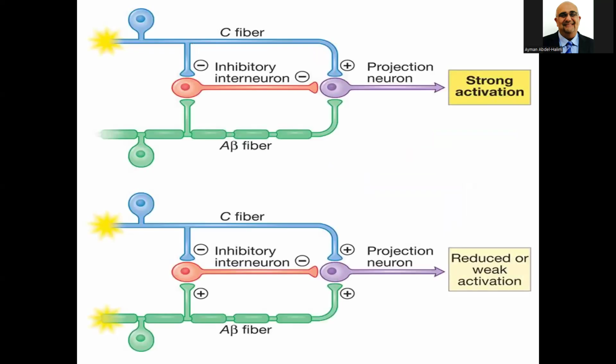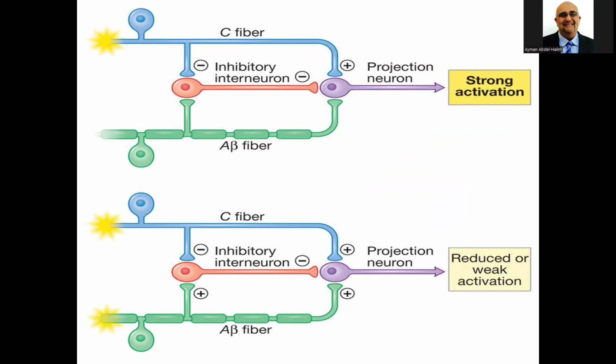Now, spinal cord stimulators or dorsal column stimulators are basically based on what we call gate theory. We're stimulating large fibers, the A beta fibers, which will block the pain through the small fibers or the C fibers.